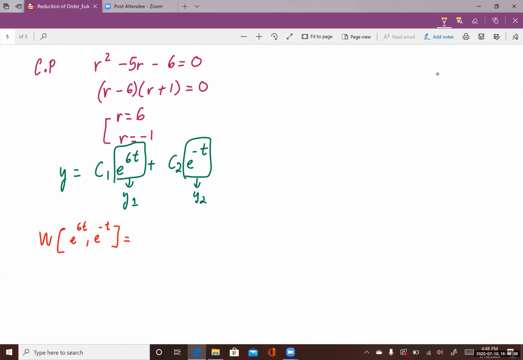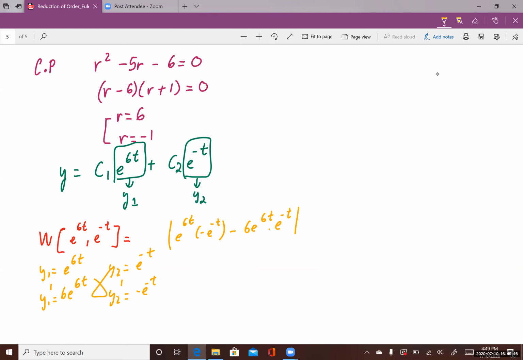So y1 prime would be 6 e to the 6t, and then y2 is e to the negative t, so y2 prime is negative e to the negative t. And the Wronskian should be e to the 6t times negative e to the negative t minus 6e to the 6t times e to the negative t.